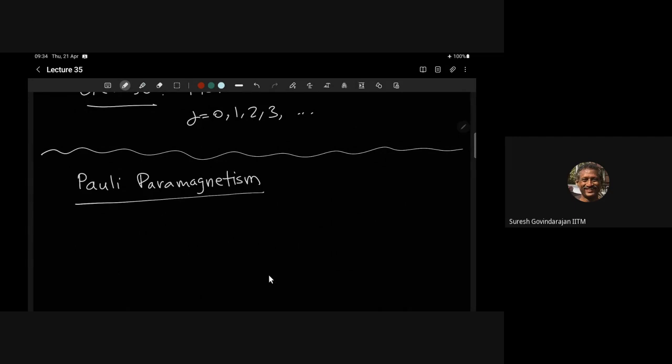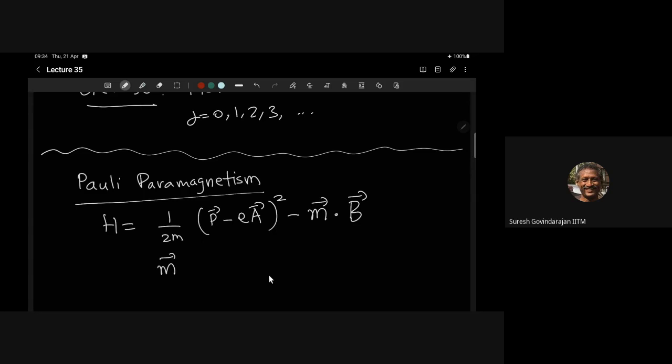Okay. So the full Hamiltonian would be what we did last time, 1 upon 2m (p minus eA) whole square, minus. Okay, what is m?